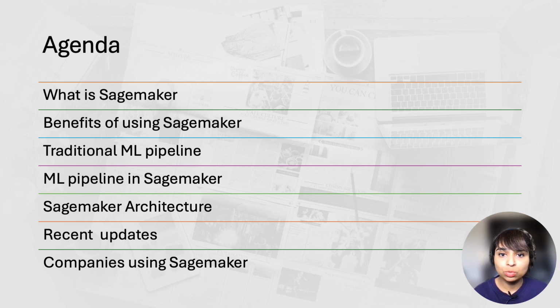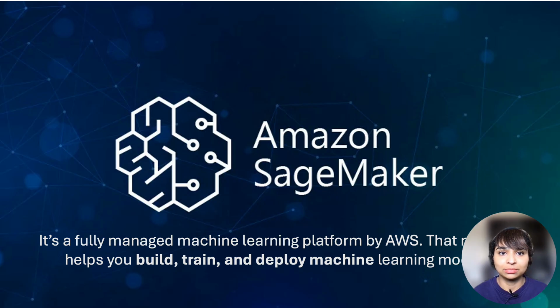Next, we will look into recent updates on SageMaker in the AWS console. I'll also give you a brief intro on notebook instances versus SageMaker Studio, but more we will cover during our demo sessions. And finally, we'll look at real-world use cases as to which biotech and pharma companies are already using SageMaker to push the boundaries of science.